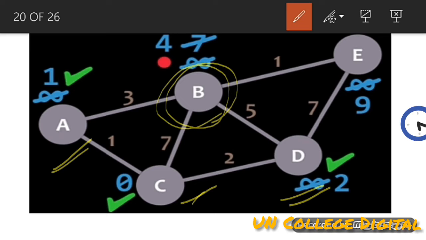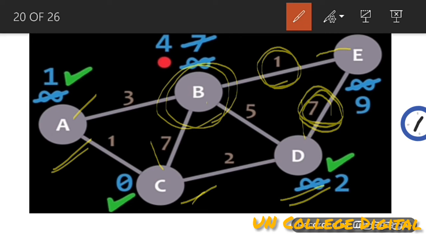B is connected with A, C, D, and also with E. But as A, C, D are all visited and only one node is left, that is E, B to E is having 1 weight and D to E is having 7.